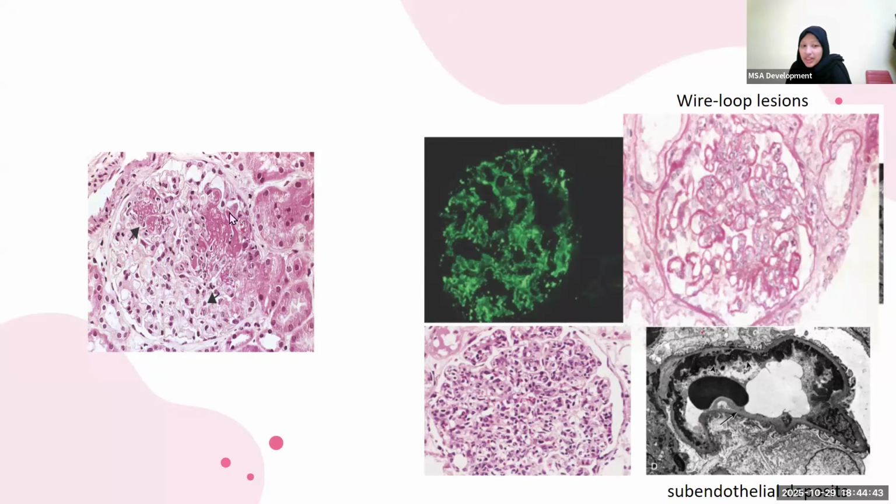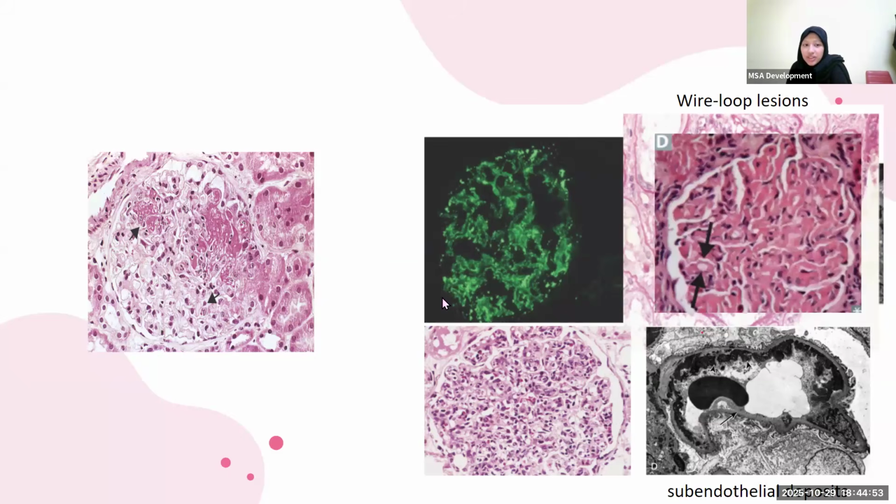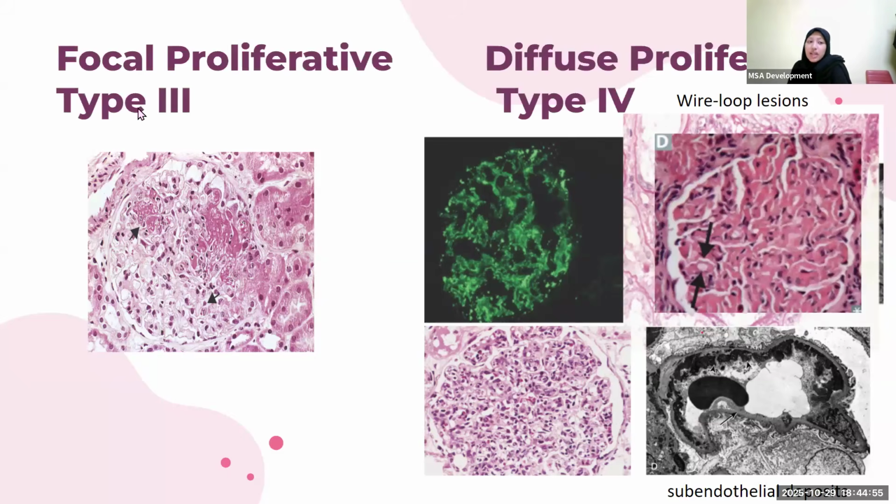They will most probably ask you to differentiate only between the focal and the diffuse. So the focal we said was type 3, nephritic, and the diffuse one is type 4, still nephritic. Okay, so that's very clear, right?